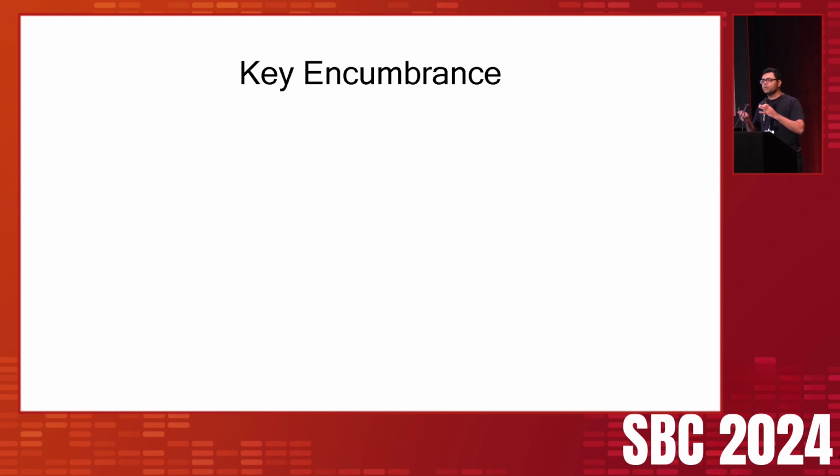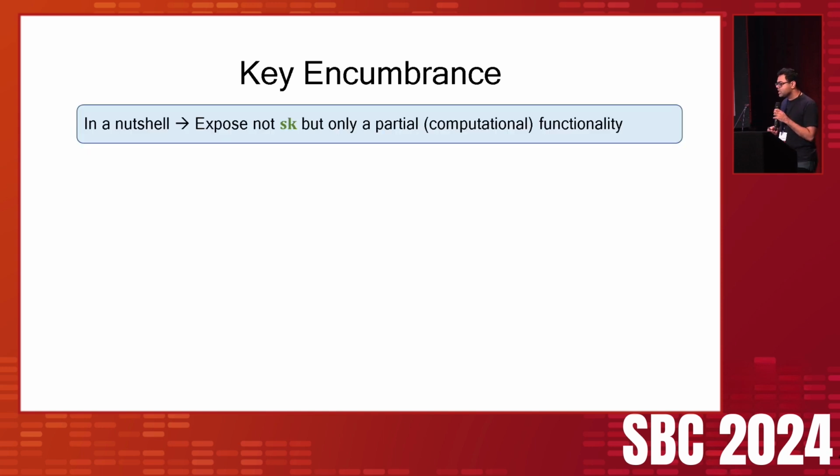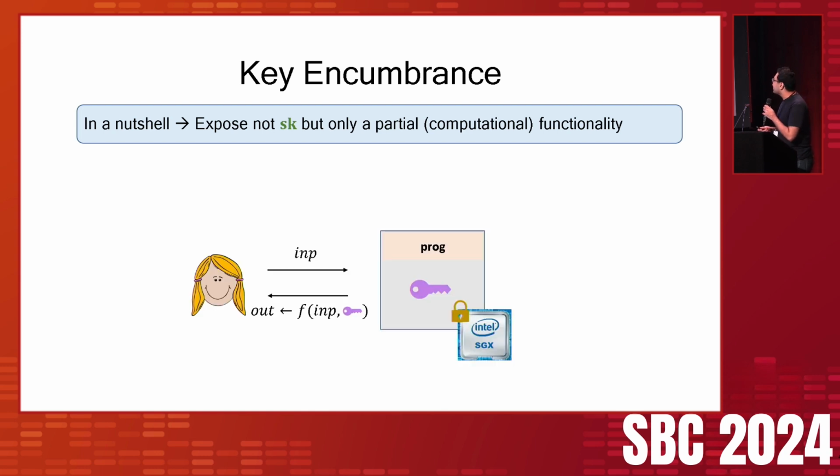So basically, this is the problem of what we call key encumbrance. In a nutshell, the idea here is to expose not the secret key itself, but a partial computational functionality of the secret key. So what does this mean? If you think about some crypto functionality that uses the key, instead of it being held by Alice, let's say it's held by the trusted hardware here, let's say Intel SGX.